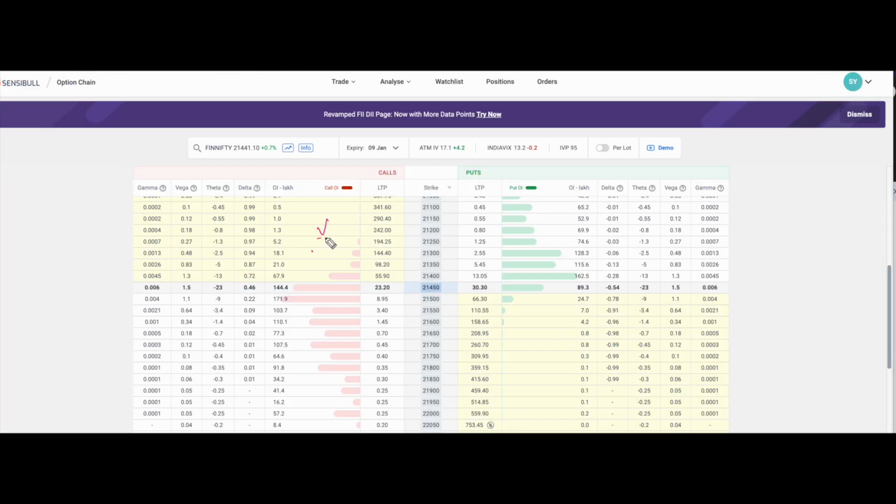Now since today is expiry day and the market has not yet reached 21,450, the majority of the premium that you are paying is only for the time value. So at this point of time, choosing an at the money strike price is not good for you, as long as you are not very confident that the market will continuously move towards the upside more than 40 points. Along with that, it is going to give you 20 to 25 points return.